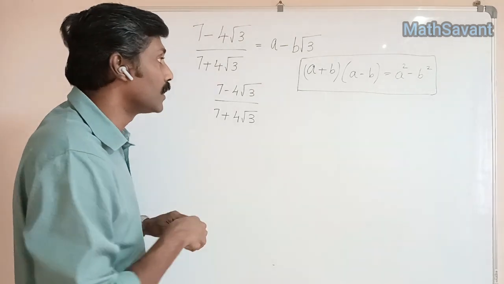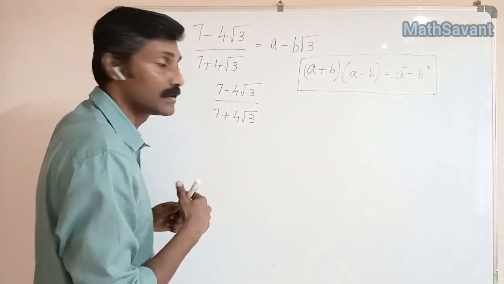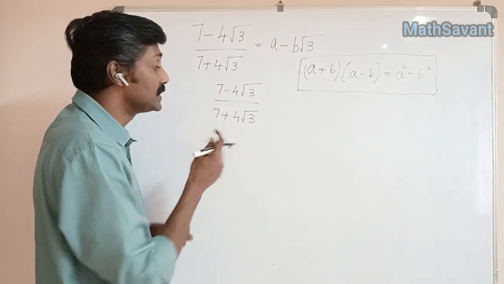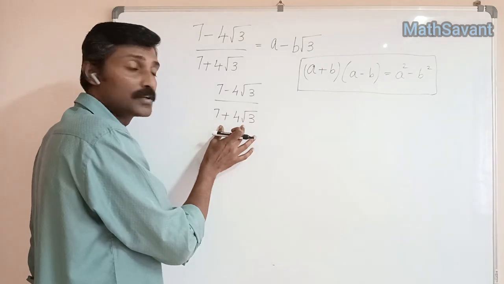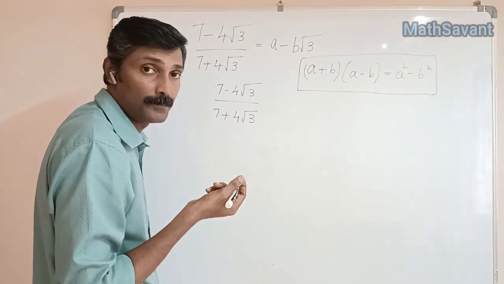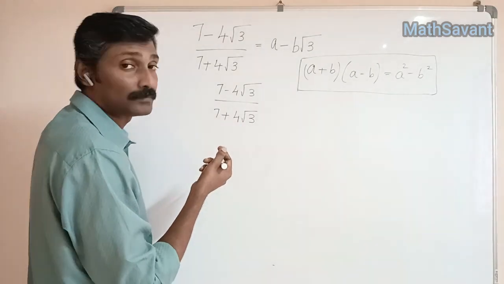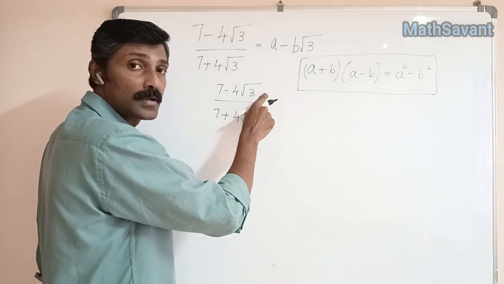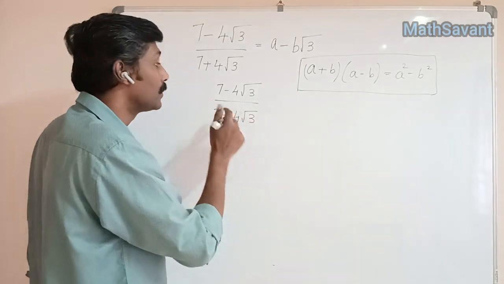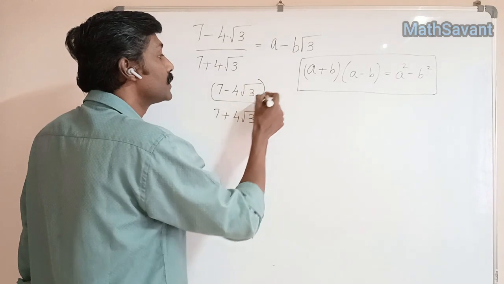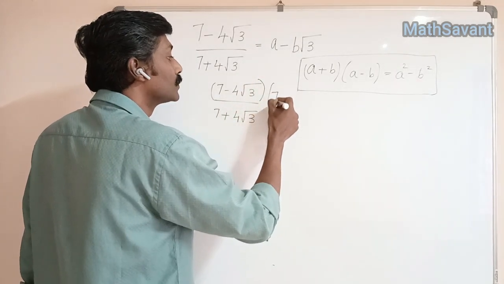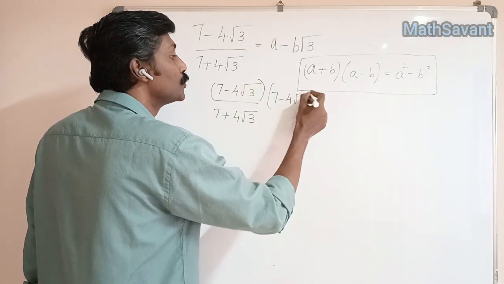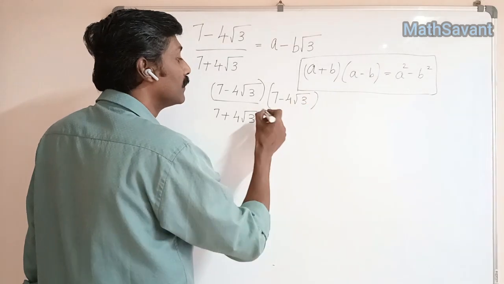That's our aim. Now, if I do the same thing here, just as I said, I am taking the conjugate of this particular denominator, which is 7 minus 4 root 3, and I am multiplying that to both the numerator and the denominator. So I am multiplying 7 minus 4 root 3 in the numerator and also in the denominator.